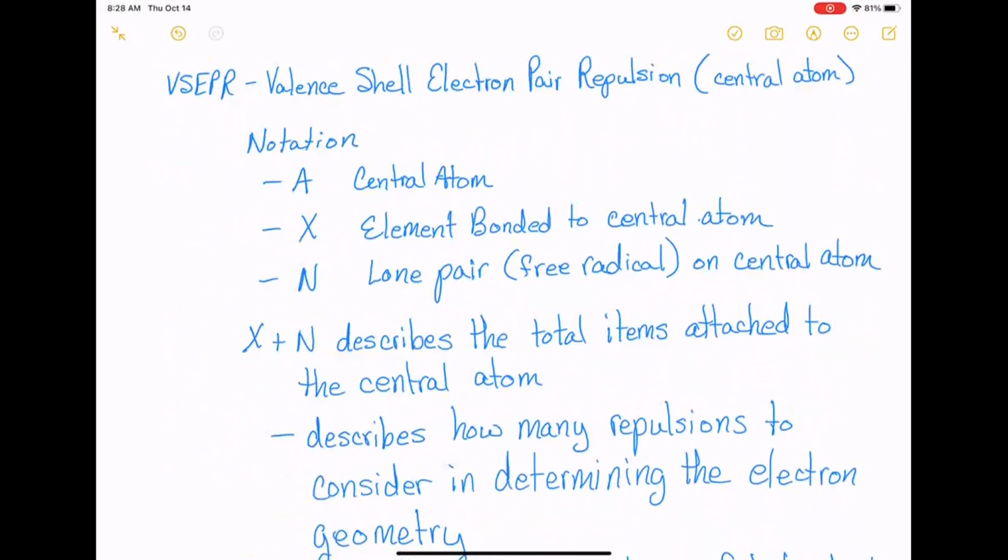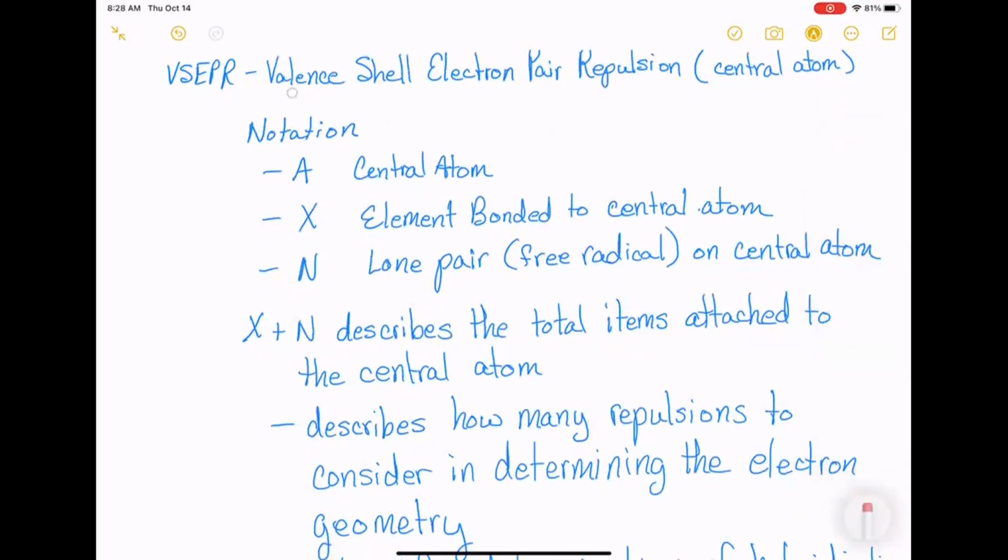So, valence shell electron pair repulsion. Again, breaking this theory's name apart. We have valence shell electrons. Again, those are the electrons we use to develop the Lewis structures. Pair.